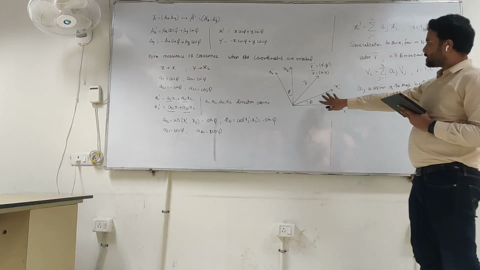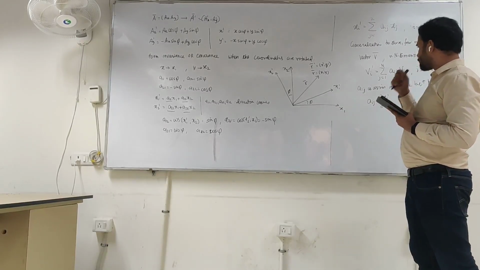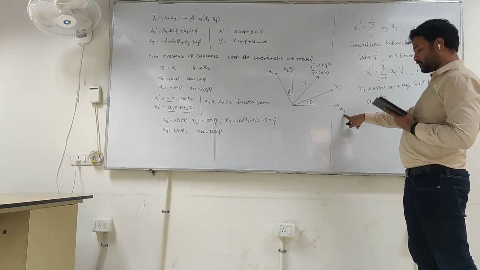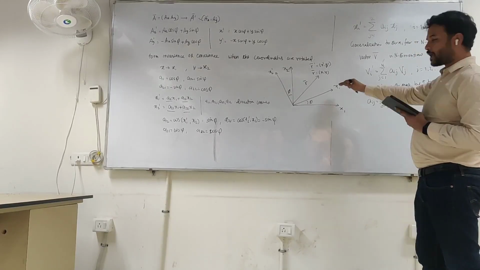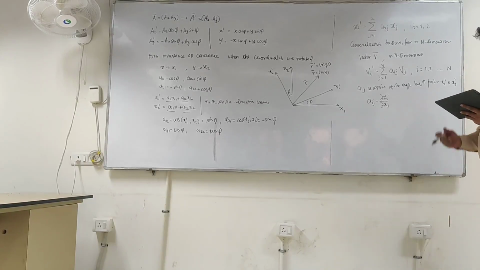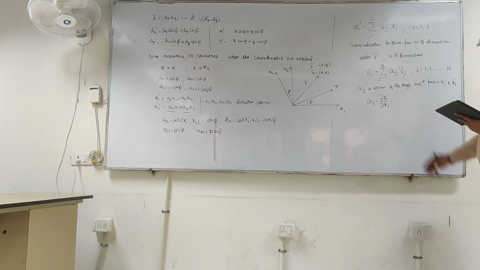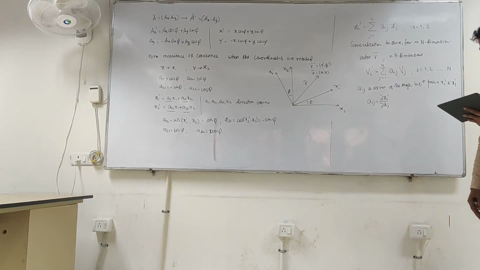Now you can consider this as x1 and x2, so you have unprimed and primed coordinate systems. So we are just writing it in terms of the partial derivative.